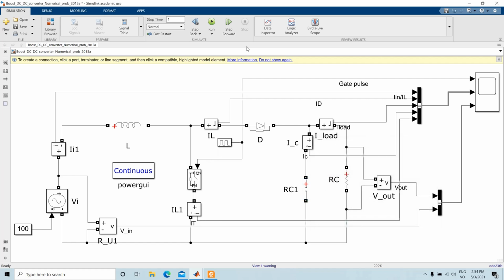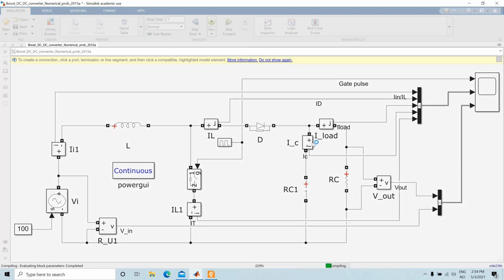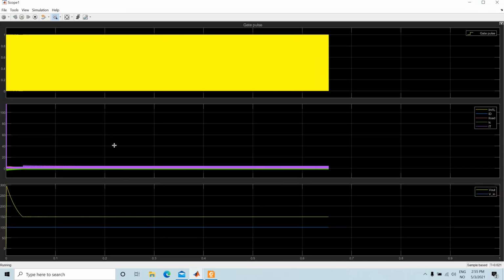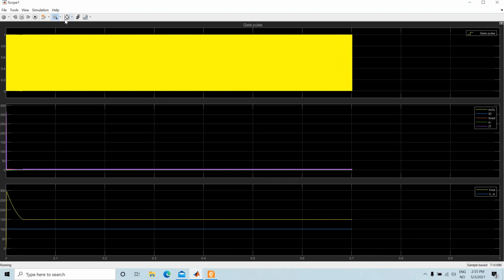Now if I run the circuit, I need to wait a little bit for the results to come, because I am doing this simulation for a longer time than before. This is because there is a transient phase at the beginning which disappears after some time.